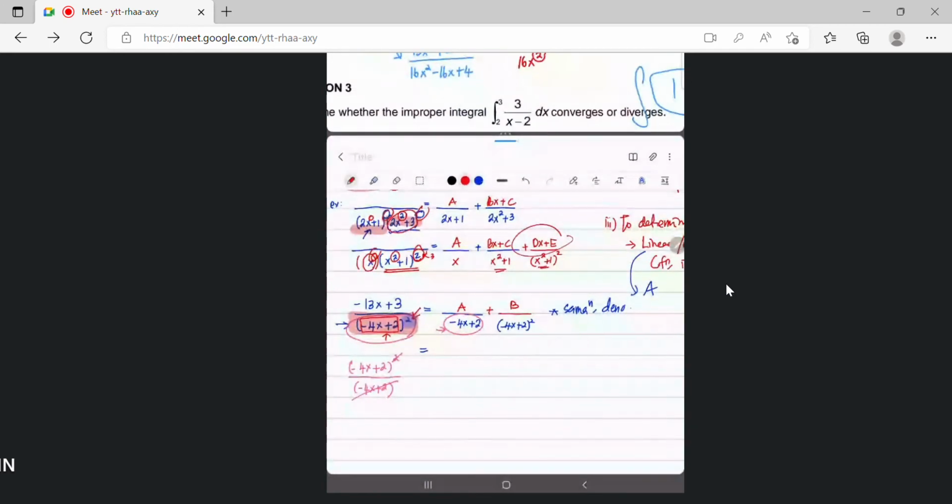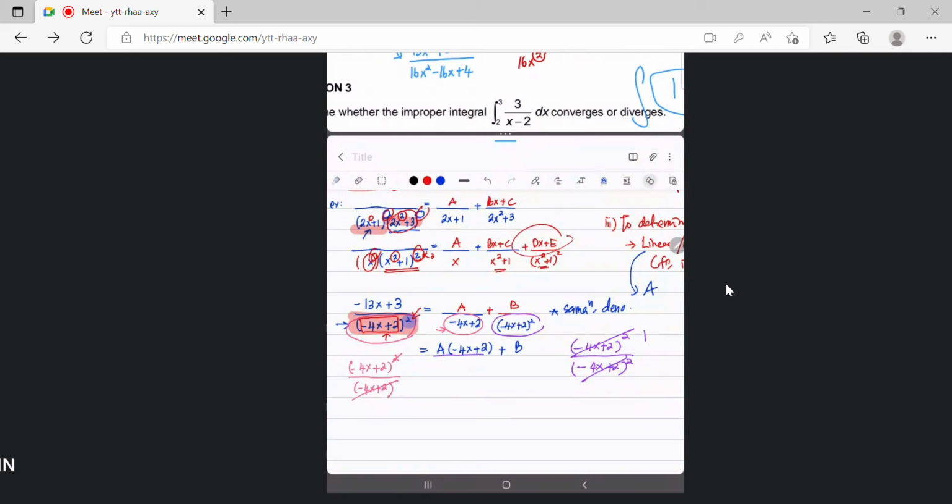So, A sini, we need to multiply with a negative 4x plus 2. But then, how about B? Okay, kalau untuk B, ambil yang original, negative 4x plus 2 squared. We divide with dia punya denominator dekat sini, negative 4x plus 2 squared. Satu kan? So, tak ada yang dia kurang kan? So, dia akan maintain as the B.